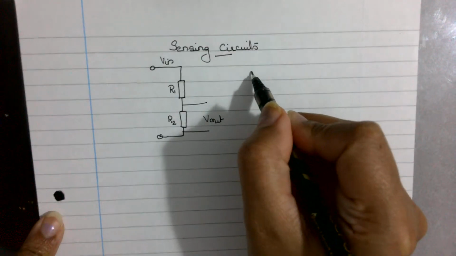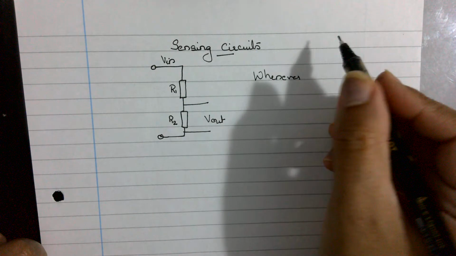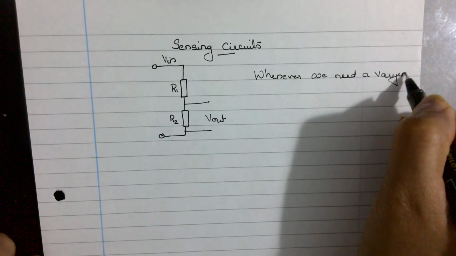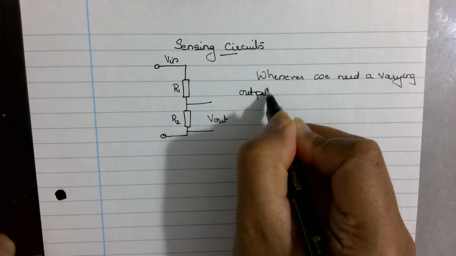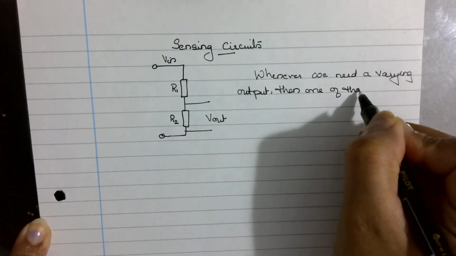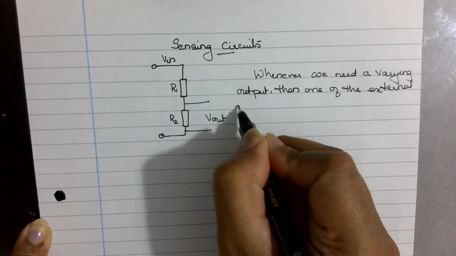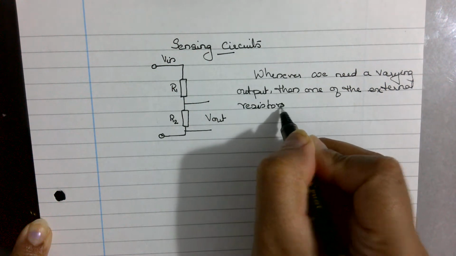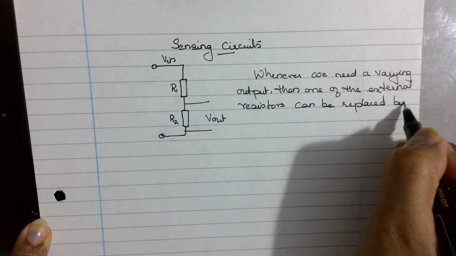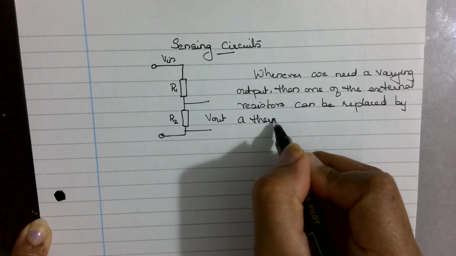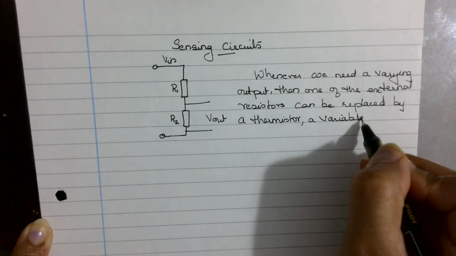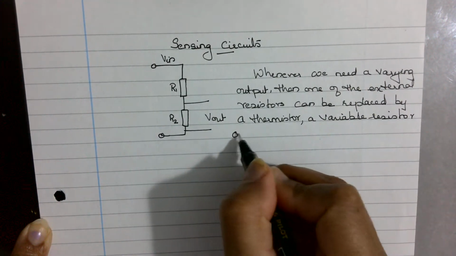Okay, so whenever we need a varying output, then one of the external resistors can be replaced by a thermistor, a variable resistor, or an LDR.